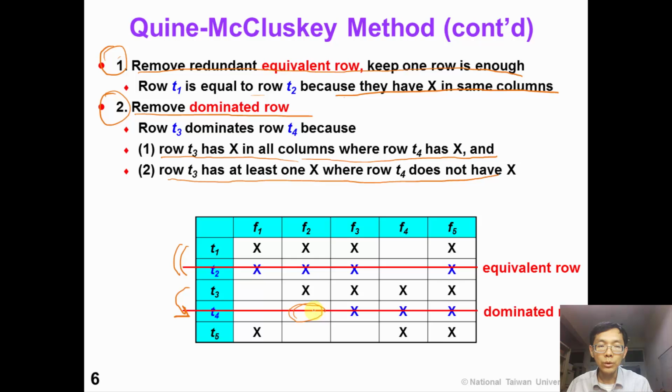We can remove the dominated row T4. If we select T3, we are guaranteed to detect more faults than T4. So it is unnecessary to consider row T4.